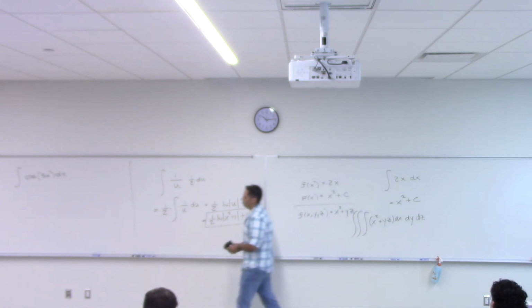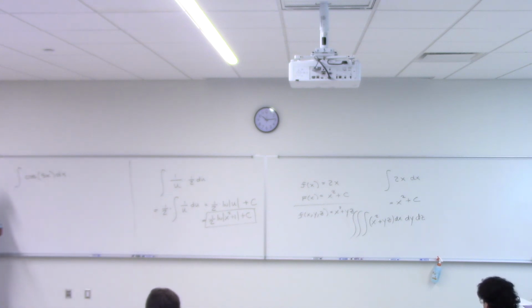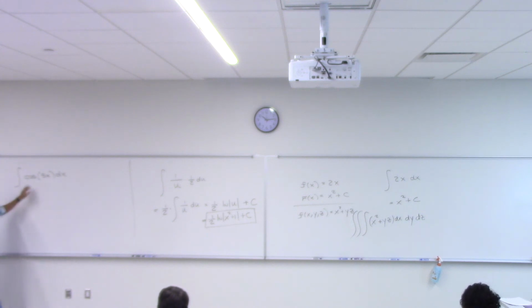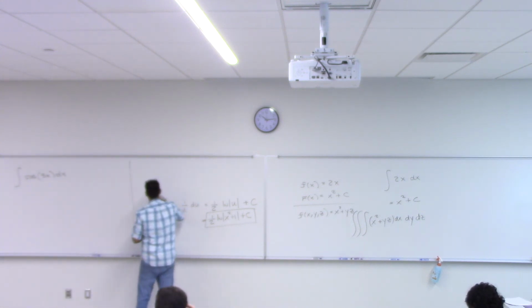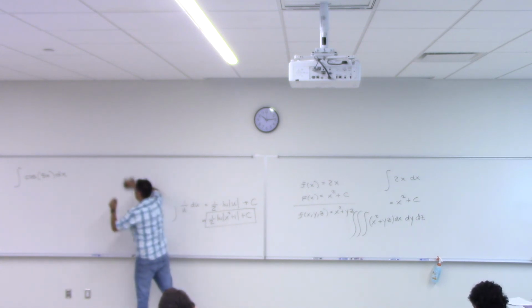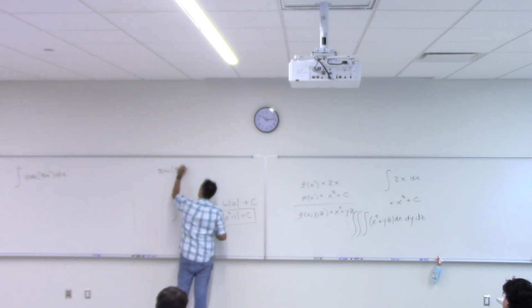All right, how about this one? Don't go straight to substitution, can we do this? We know the antiderivative of cosine is sine, right? So is the answer to this just sine of 5x? No. Why is the answer to this not just sine of 5x? Chain rule, right? Let's say that you thought the answer was sine of 5x plus c.